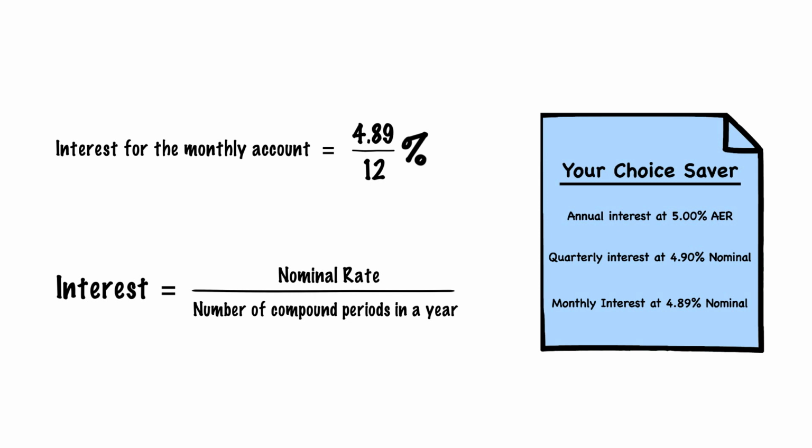But that's the interest paid for a compounding period. What if we wanted to find the AER? Let's find the AER for the quarterly account. To find the AER, we begin by finding the quarterly interest, which we have already shown as being 4.90 divided by 4, and this equals 1.225%.